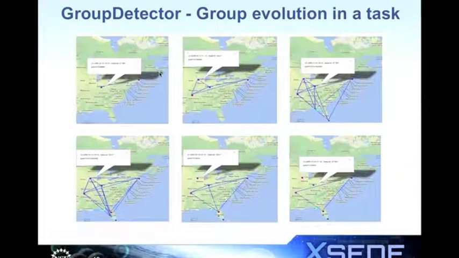This figure shows the evolution of the course of a group. You can see the group starts with a single player. Then more and more players are added to the group, playing the same task. And the size of the group fluctuated from 1 to 7.